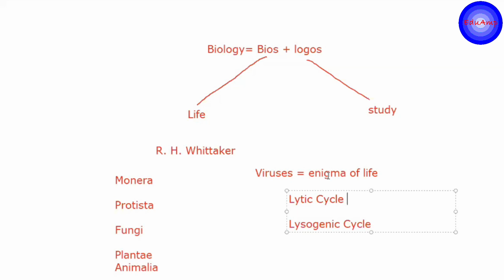is the cycle in which the virus enters into our living cell and starts multiplying. Slowly, the number of viruses increases and reaches a threshold level. When they reach the threshold level, they start showing symptoms.